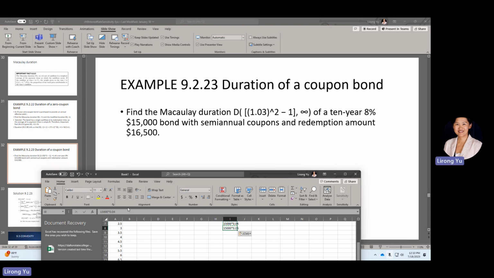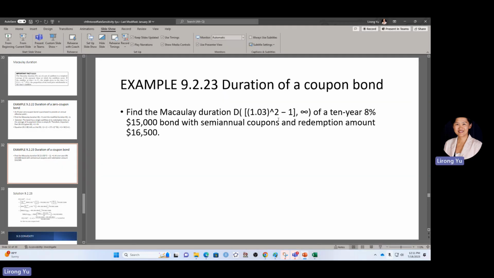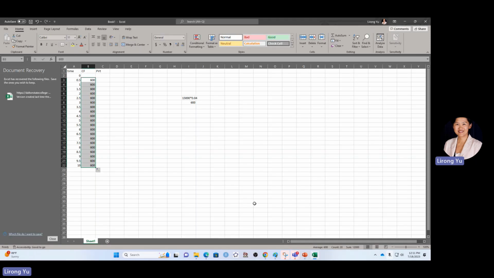So what is that value? 600? So we're getting 600 every 6 months. But at maturity, we add the 15,000 to the coupon.